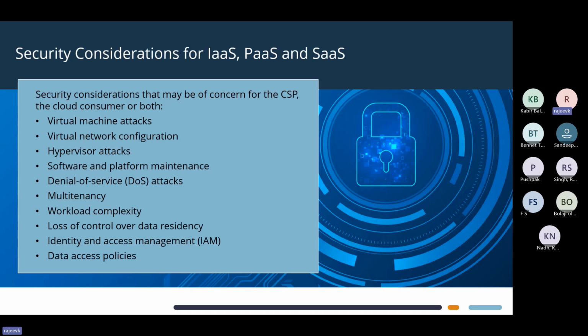Like a virtual machine can be under attack. Now, why can a virtual machine be under attack? Remember, a virtual machine is like your PC, like your server, right? So if a server can be under attack, your virtual machine can also be under attack. Why? Because maybe your virtual machine is not patched. Maybe some insecure services are running. Maybe some insecure libraries are running, like Java based libraries, right?